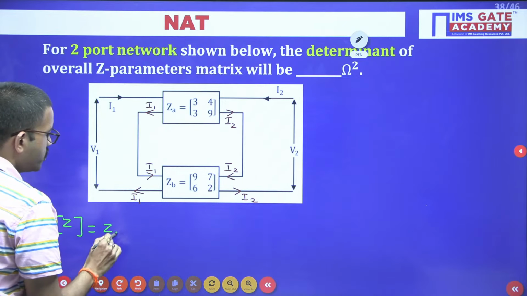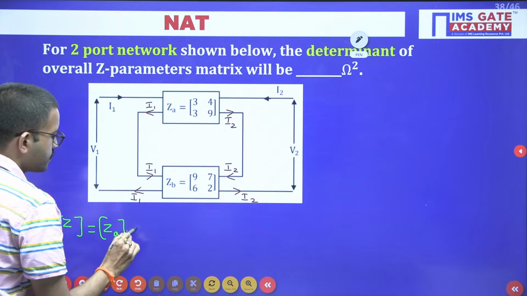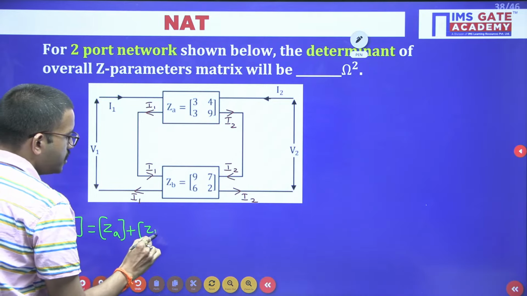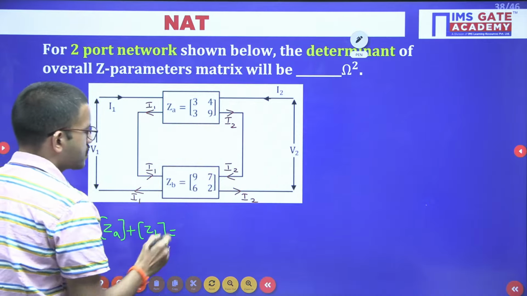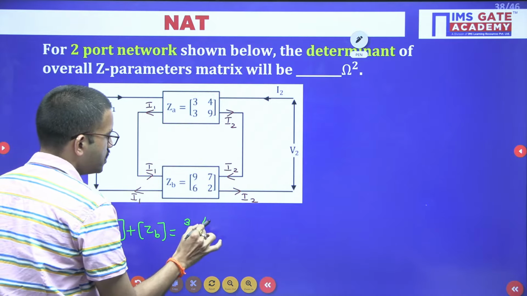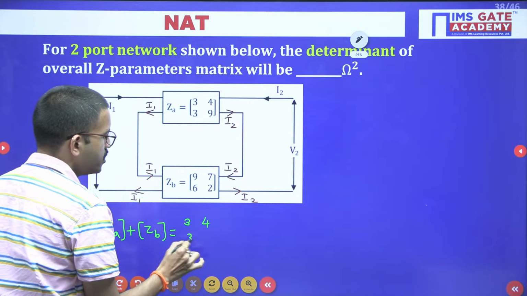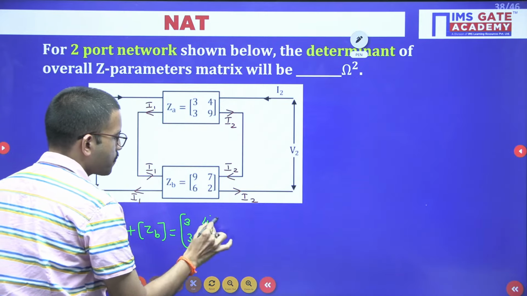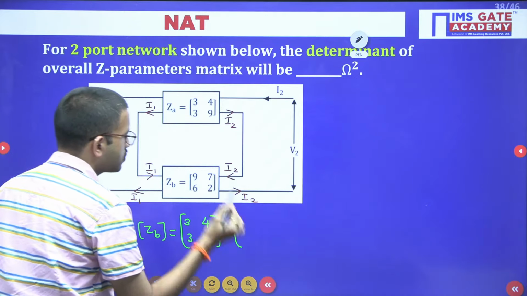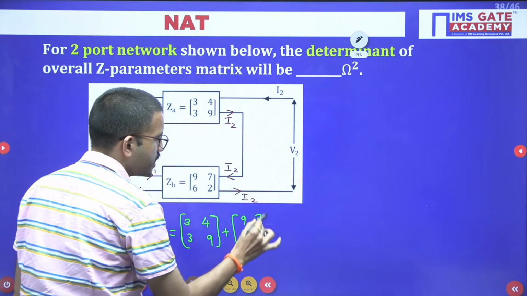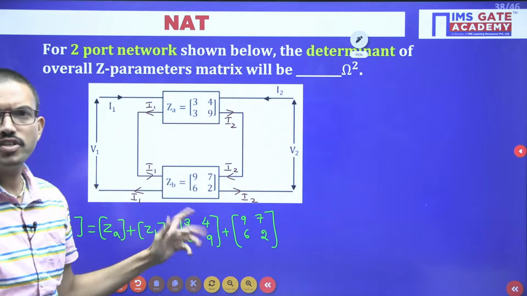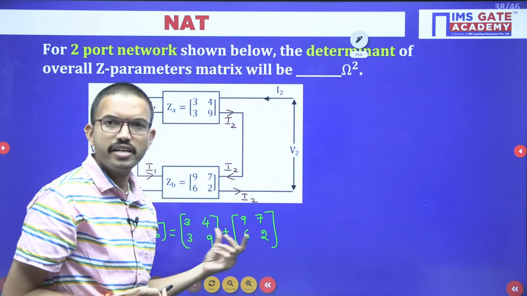So here we are going to get ZA plus ZB. First I am representing the ZA matrix, that is 3, 4, 3, 9. Similarly, ZB as 9, 7, 6, 2. I hope all of you are comfortable with addition and subtraction of matrices.